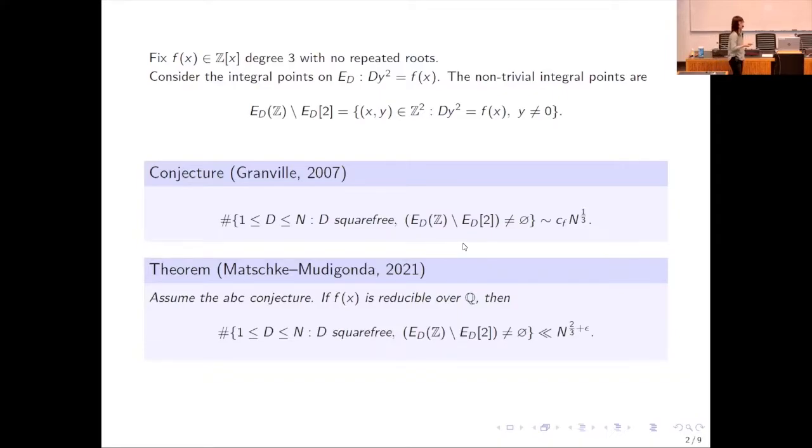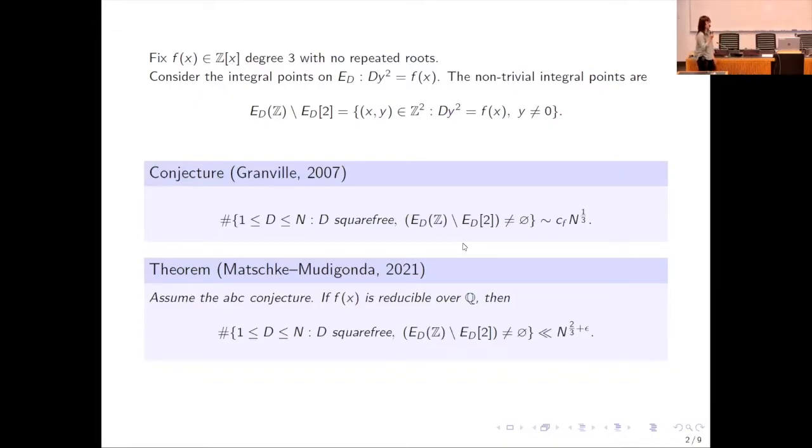So in this case, the ABC conjecture also implies that 0% of twists have a non-trivial integral point. My work is in this direction, but I don't want to assume any conjecture.